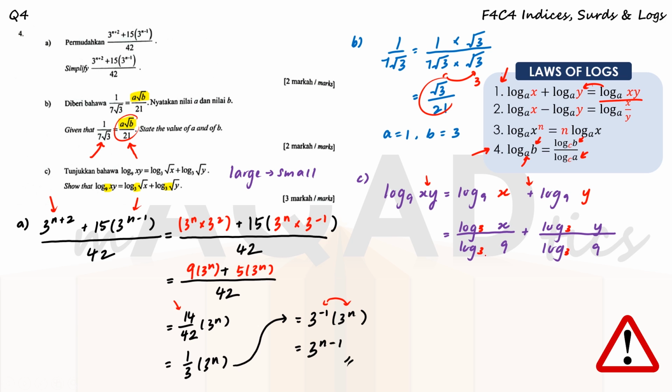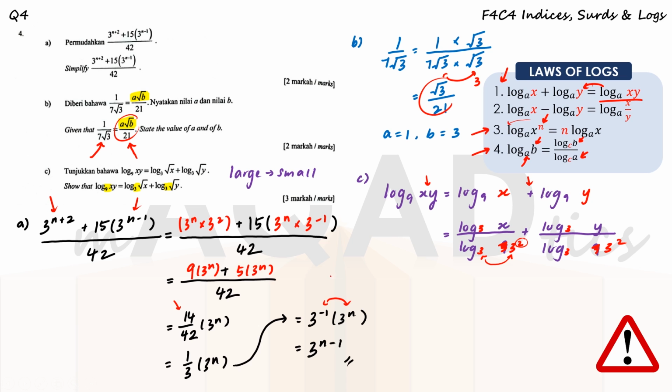Okay, so now 3 and 9, there is a relationship, because 9 can be expressed as 3 to the power of 2, correct? So now we have the base and the index value is the same. These two, the power, I can use the third formula. The power here, I can move it to the front.